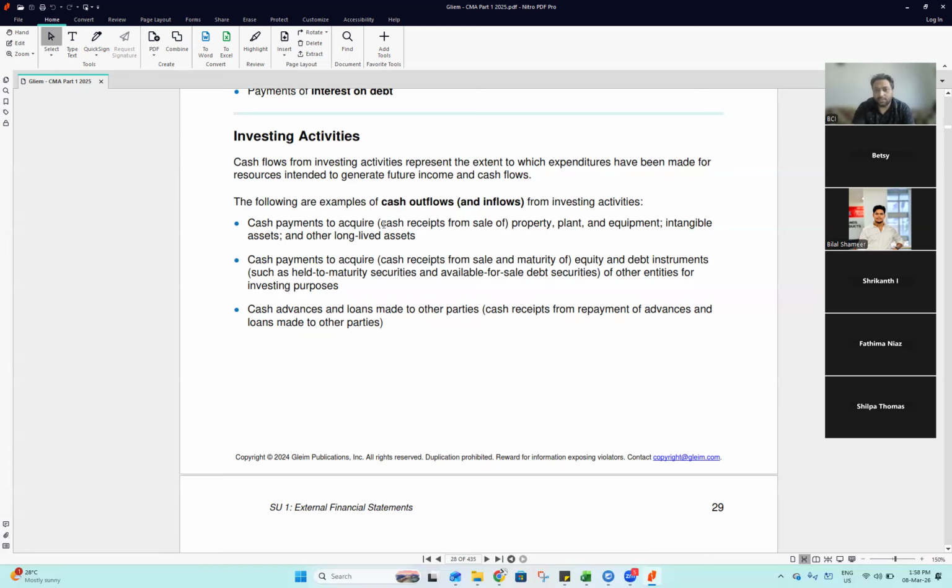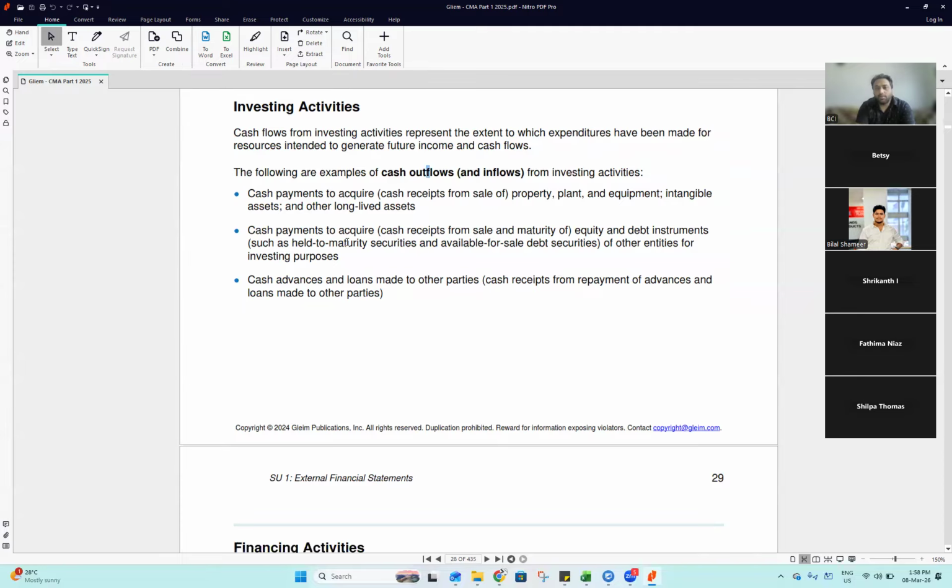Then cash receipts from the sale of plant, property, equipment, intangible assets or other long-lived assets. Basically, this is two sentences in one sentence. Then cash payment to acquire equity and debt instruments of other entities for investing purposes. If you pay money to get the shares of other companies, it's actually investing activity.